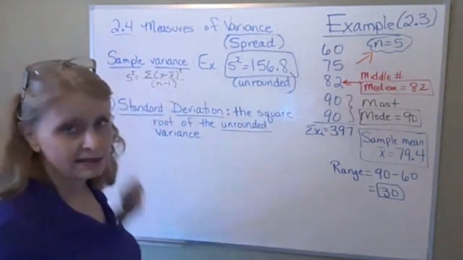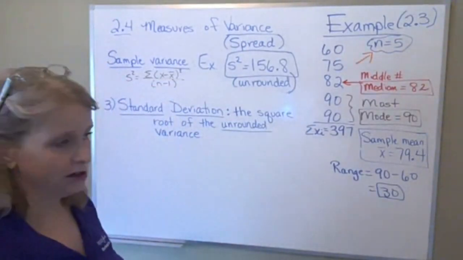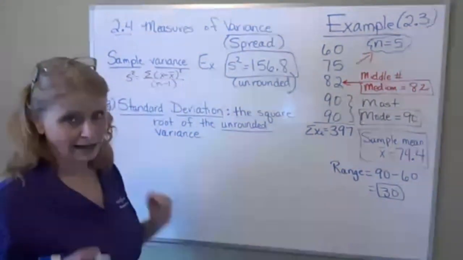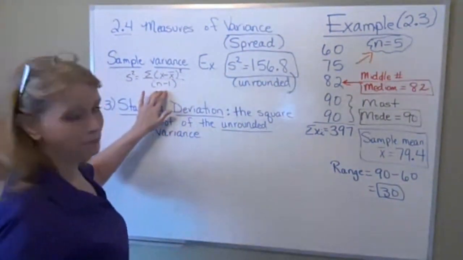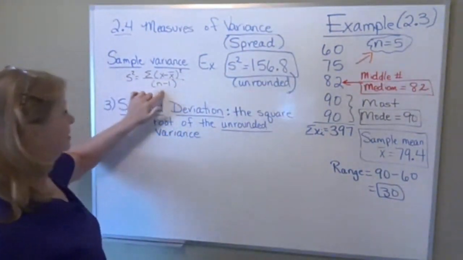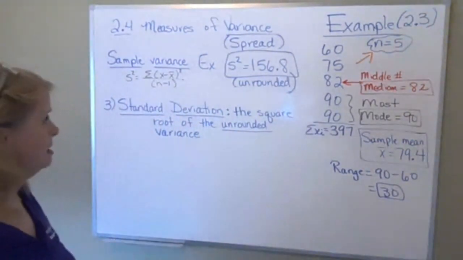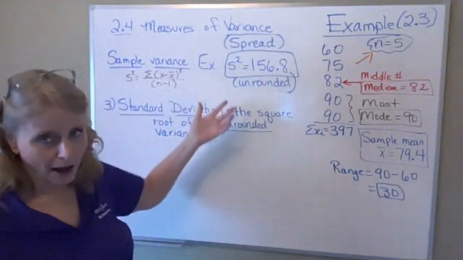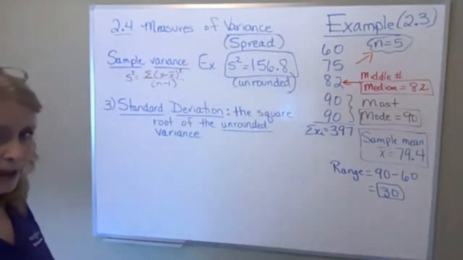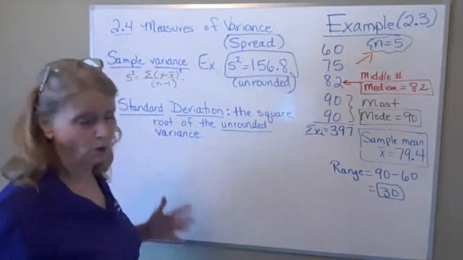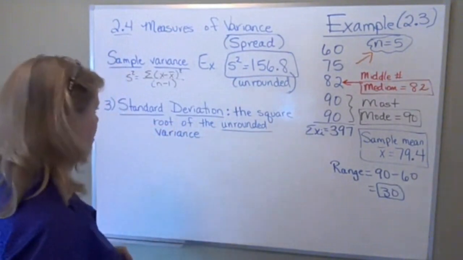When you're doing variance, it matters whether it's a population or a sample, because for sigma squared, the population variance, you divide by n, but on the sample variance, you divide by n minus 1. So you have to be careful with that. But once you have the variance for the population or the sample, at that point, you find the standard deviation the same way, by taking the square root.